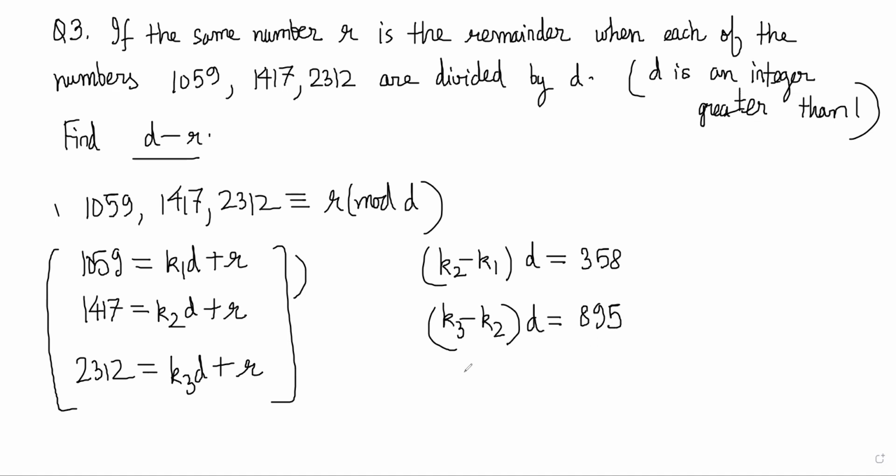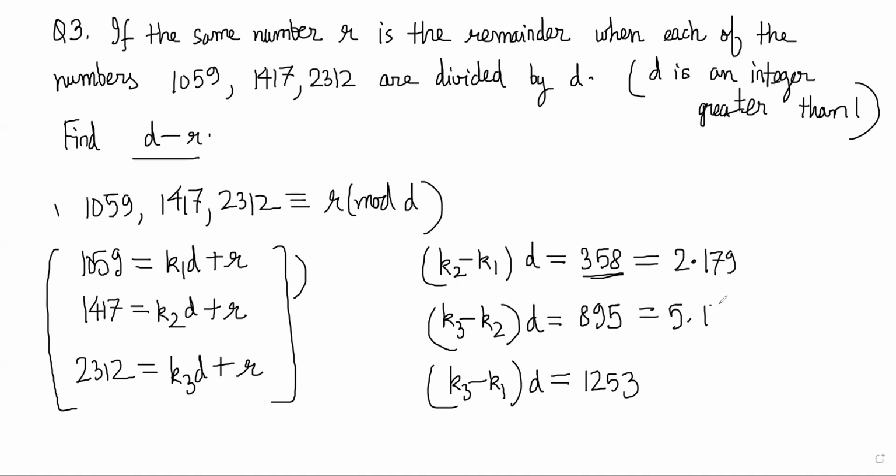And then (k3 minus k1) times d is equal to 1253, right? If you try the prime factorization of these, it is 2 times 179, and this is 5 times 179, and this is 7 times 179. You can just check that.